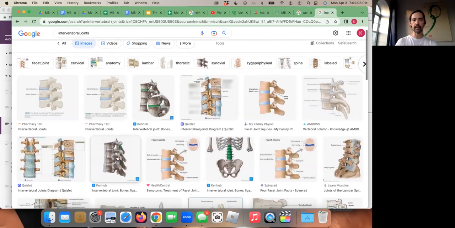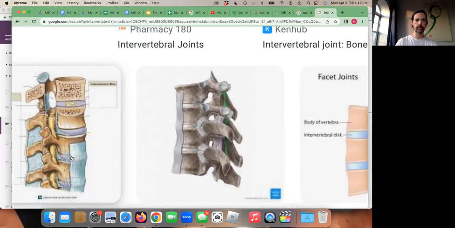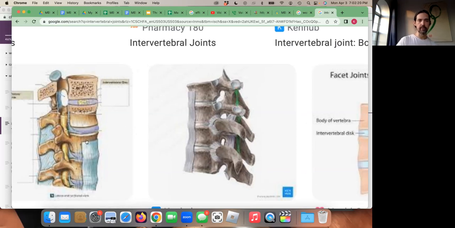If you look at any drawing of the vertebrae, you see the body of the vertebrae. I'm starting by getting us oriented, right? We always get oriented first. You start with the body of the vertebrae. On the back of the vertebrae is the spinous process, and the back surface of the body would be here.